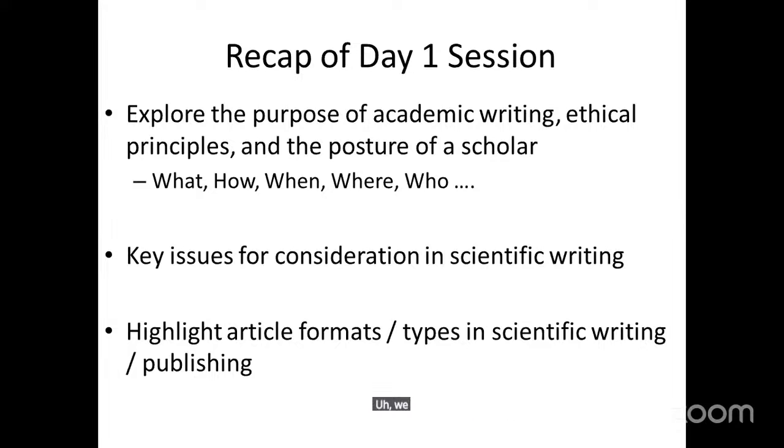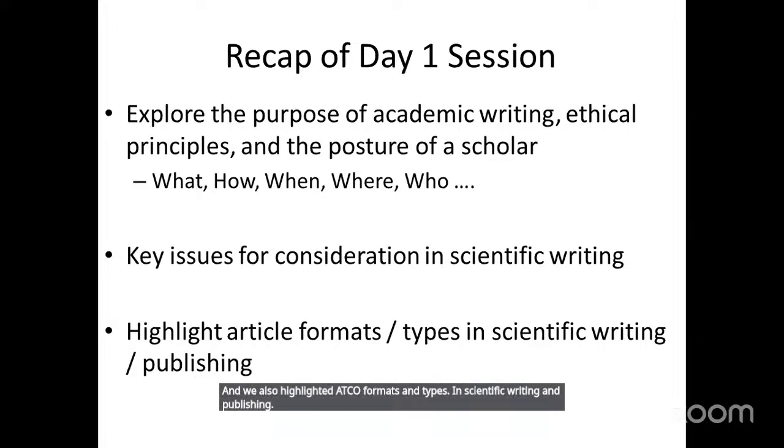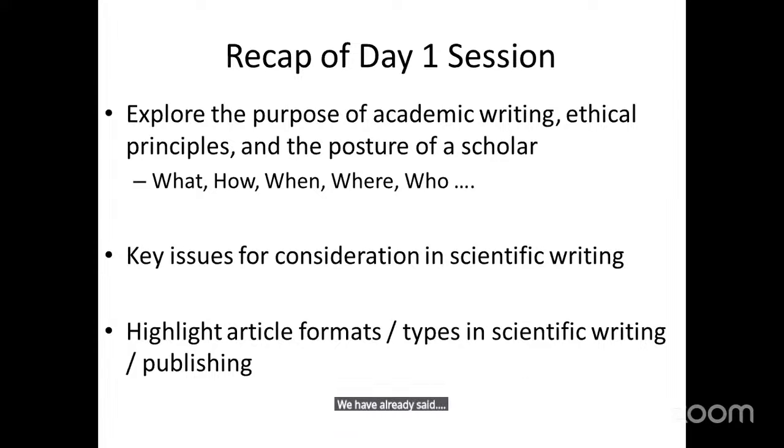We looked at key issues for consideration in scientific writing, and we also highlighted article formats and types in scientific writing and publishing. We have already shared the presentation that we had yesterday, and accompanied this with 2 interesting articles.